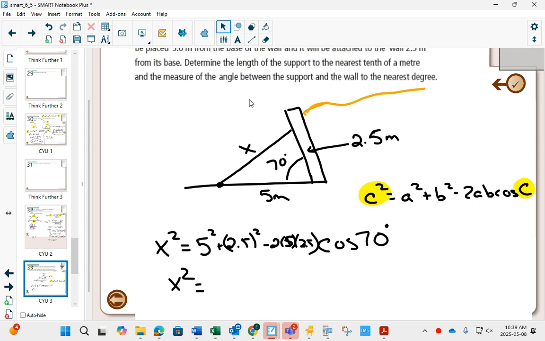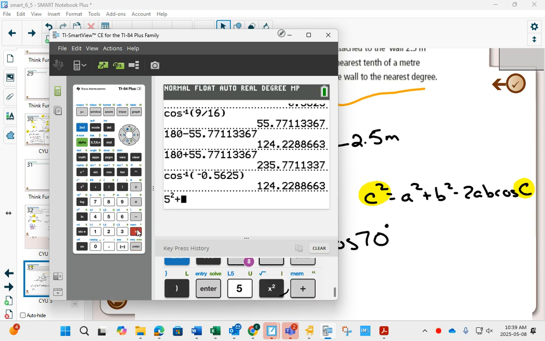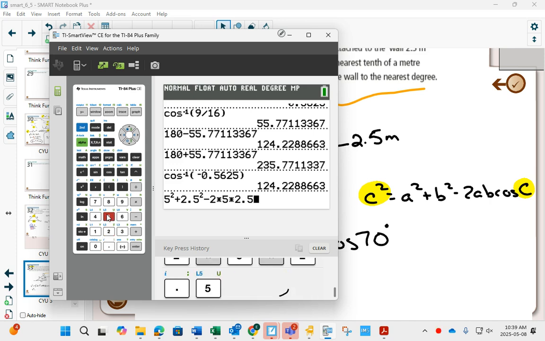And again, I can type this into my calculator all at once. 5 squared plus 2.5 squared minus 2 times 5 times 2.5. Notice this time I use the times button instead of brackets. That's perfectly okay. And then cos of 70.